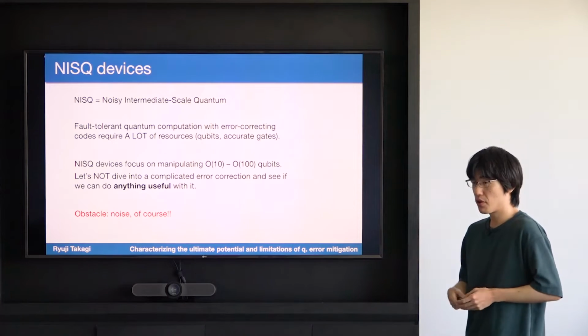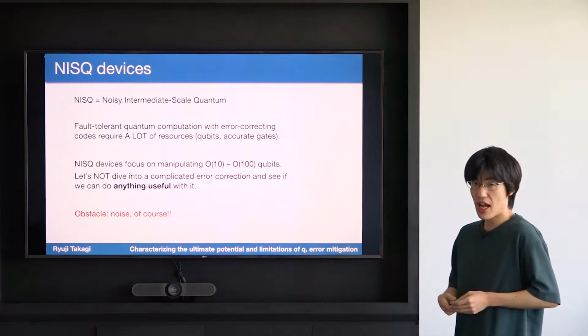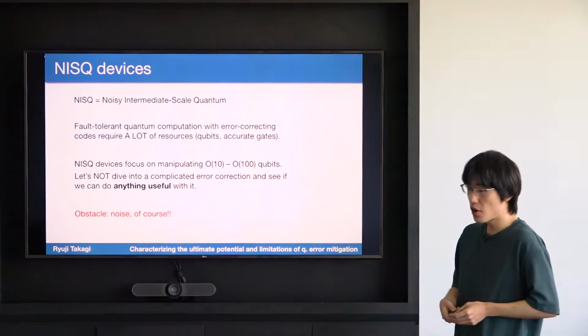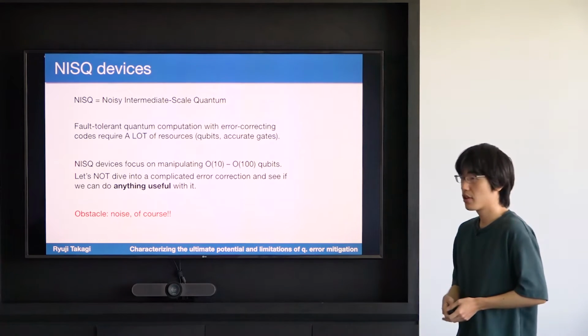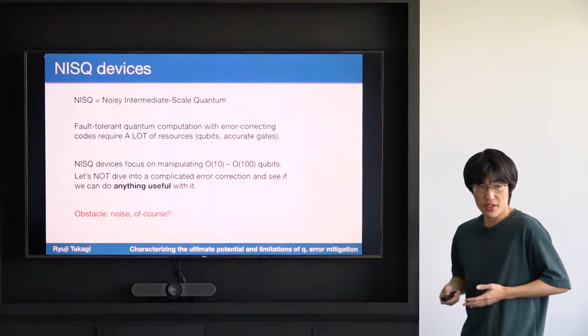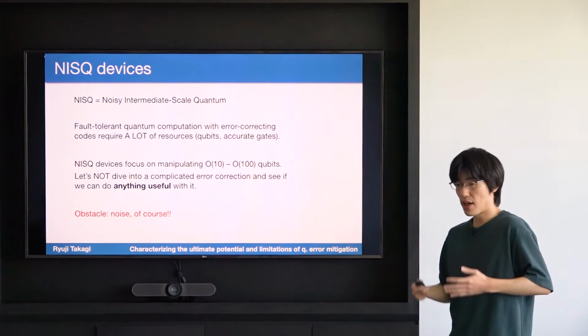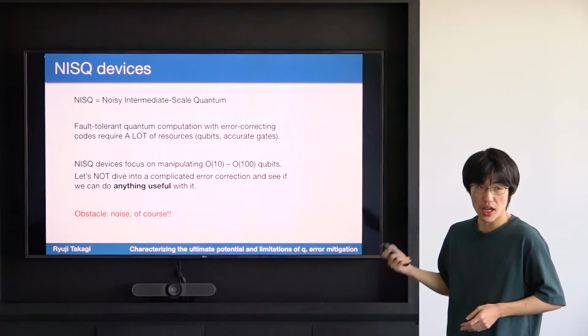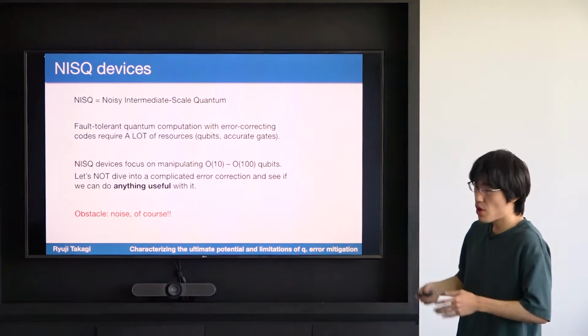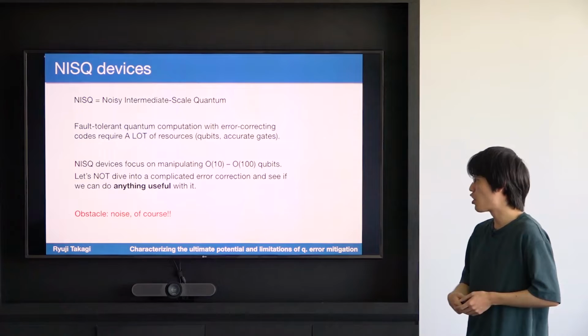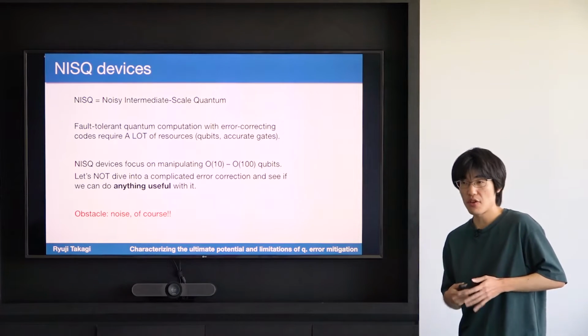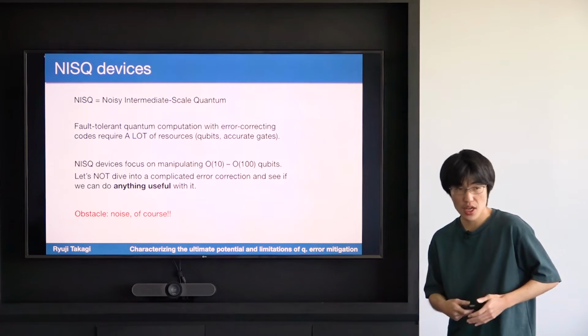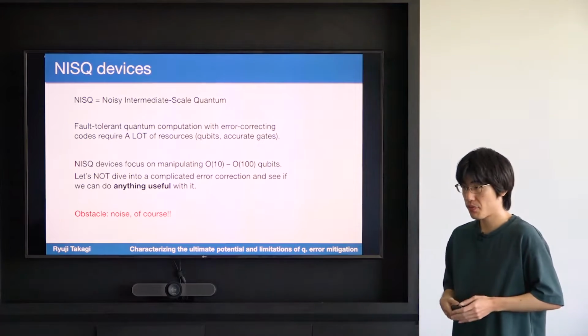But error correcting codes usually require a large number of qubits or very accurate gates, so it is very hard to implement. So this idea of NISQ devices is to use much smaller devices which contain tens to hundreds of qubits, without diving into the complicated error correction scheme, and still trying to see if we can do anything useful with it.